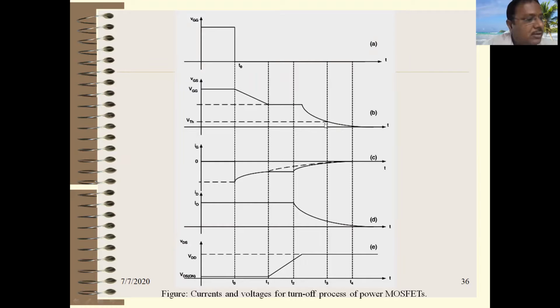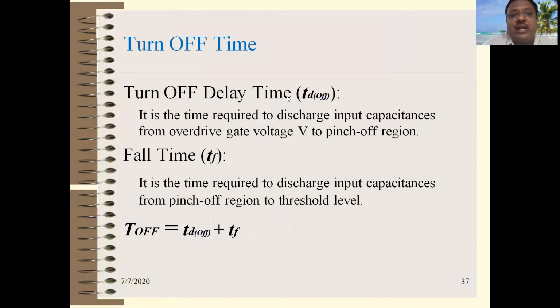And then this is the fall time, from pinch off region to threshold voltage. If you see graph number 2, that is called B, right? So this time is called the fall time. The fall time is from T2 to T3, right? Then from T0 to T1, that is TD off, the turn off delay time, right?